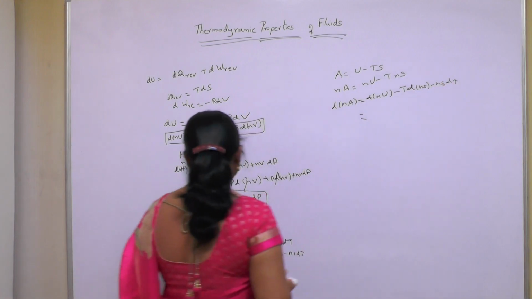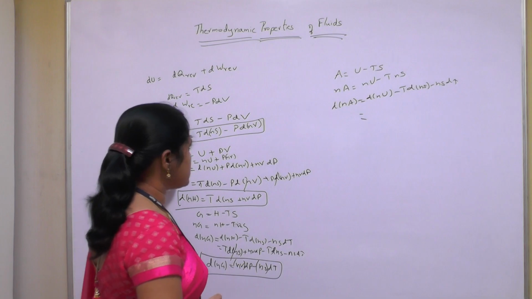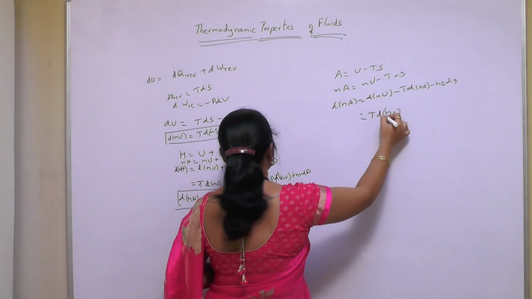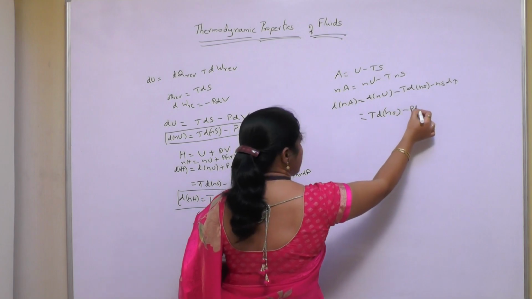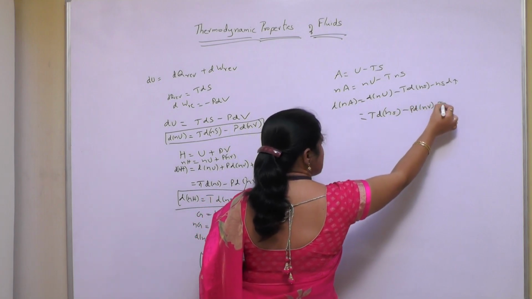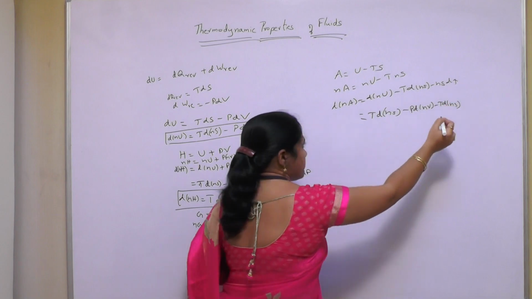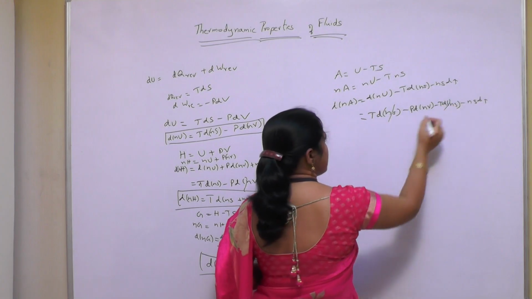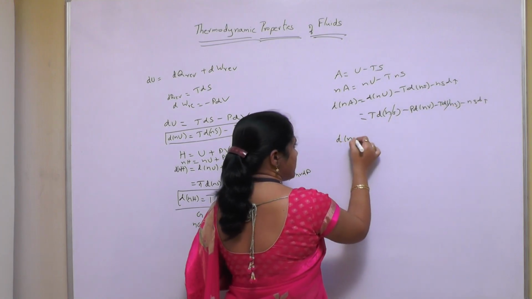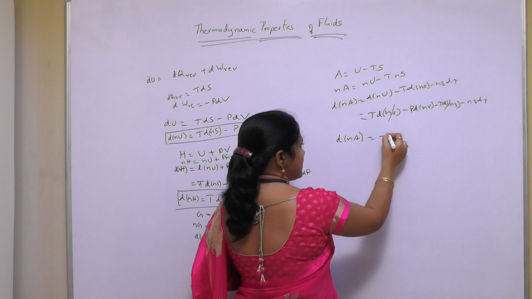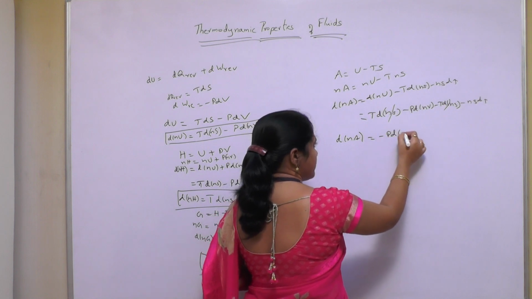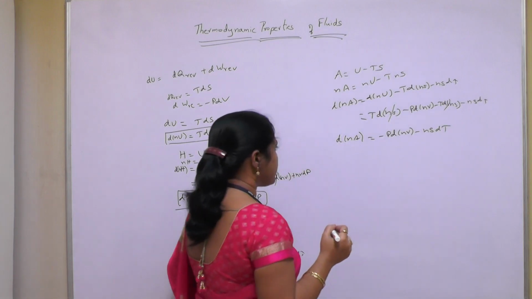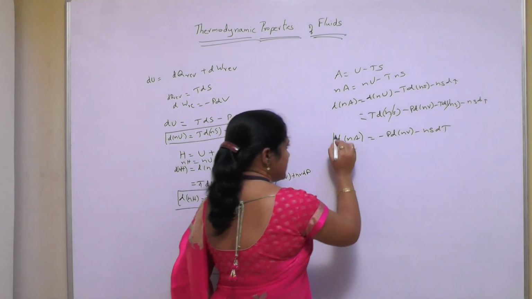Now d(nU), from the first property relation, is T d(nS) minus P d(nV). The T d(nS) terms cancel. So d(nA) equals minus P d(nV) minus nS dT. So this is another relation.